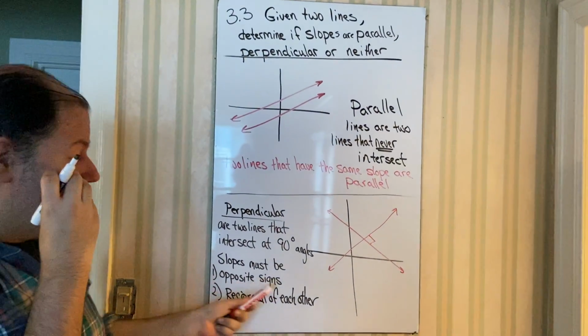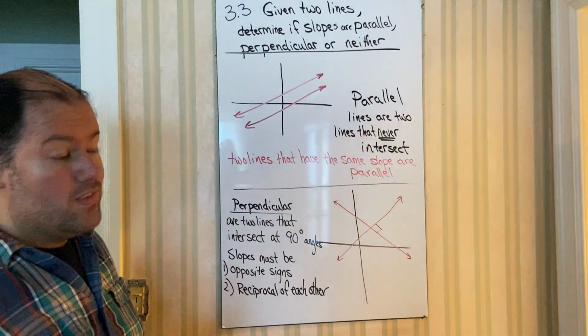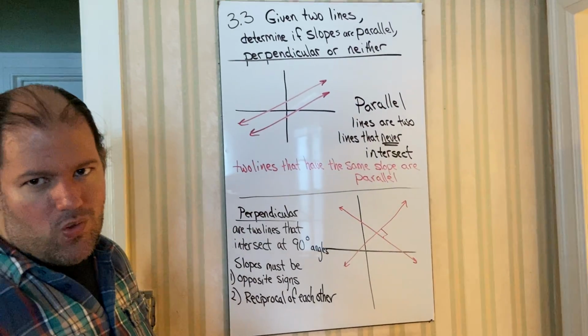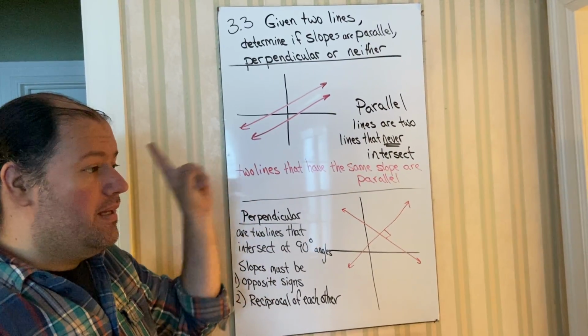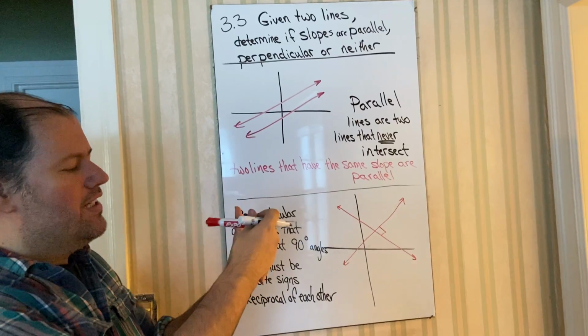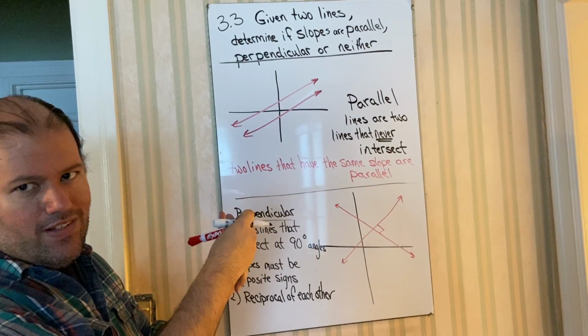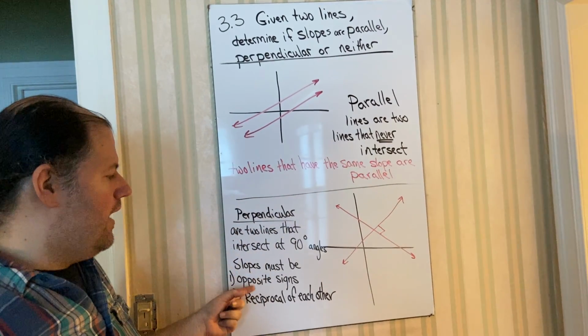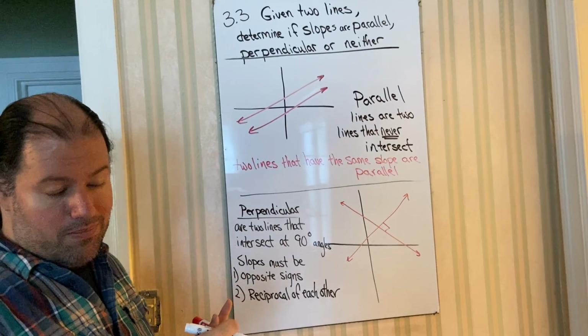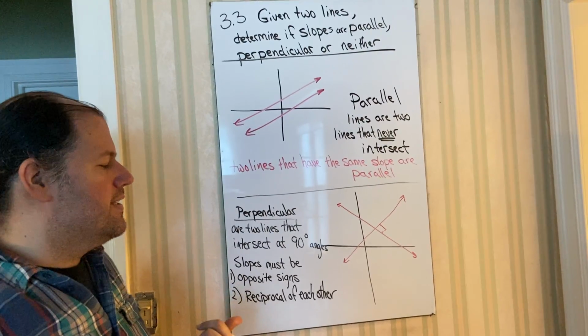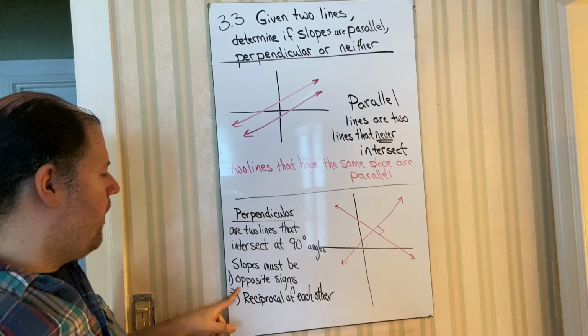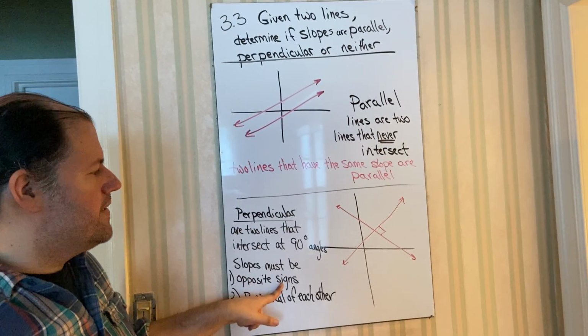So they have to have opposite signs. There's only one exception to that rule, is when you have a slope that's undefined and a slope that is 0. They don't have opposite signs, but they are perpendicular. And that's because one of the slopes is undefined. But in all other cases, you'll have opposite signs.